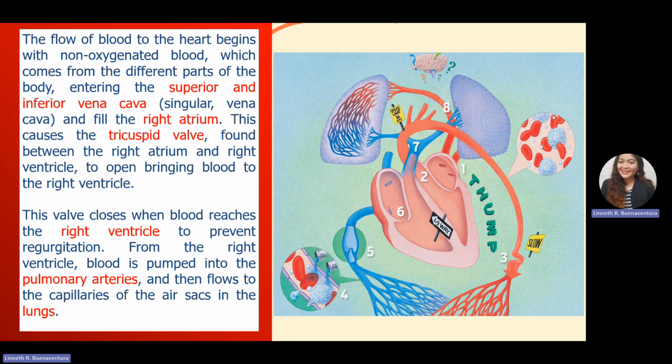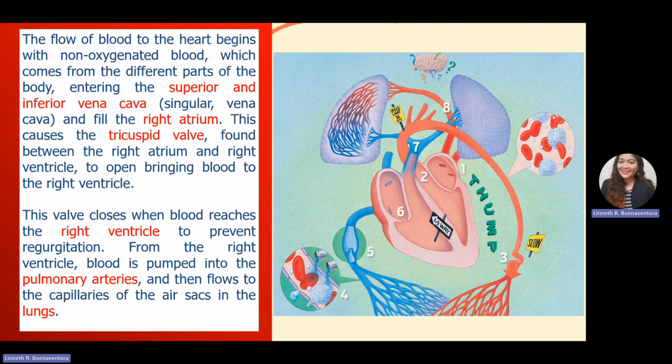The flow of blood through the heart begins with non-oxygenated blood, which comes from the different parts of the body, entering the superior and inferior vena cava. The singular for that is vena cava. It fills our right atrium.